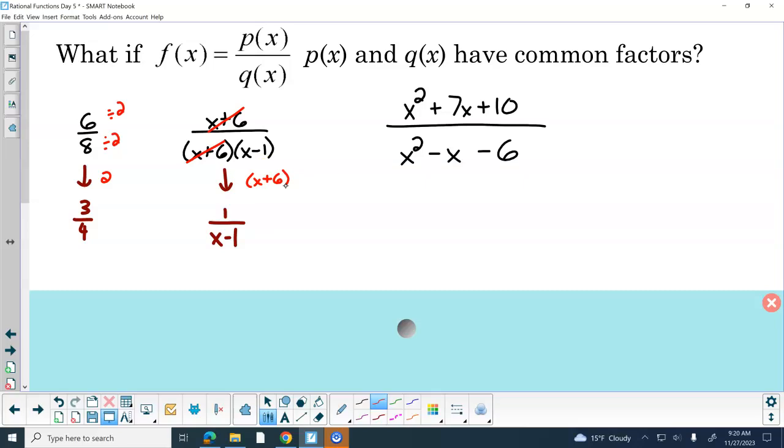What do I got to do first in that third one? x squared is not the common factor. We've got to factor them first. What does the top one factor to be? Love it. What does the bottom one factor to be?